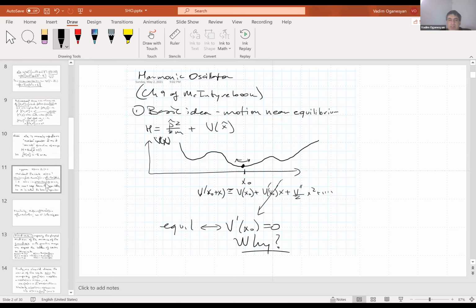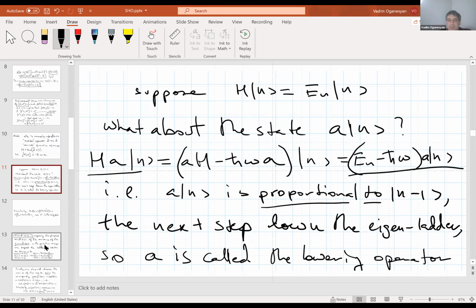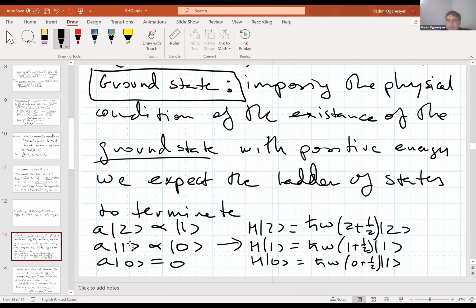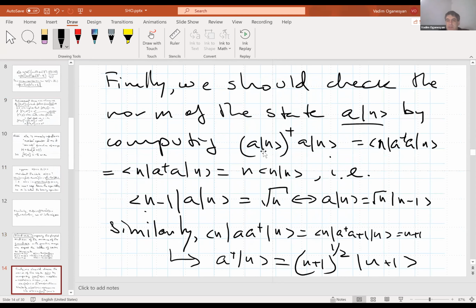The funny thing about this ladder, and this shows up in some exotic physics problems, not these garden variety physics problems, is that you generally expect that you should be able to reach the ground state of the problem, and there's nothing below the ground state. Now, how would that show up in this raising-lowering mechanics?